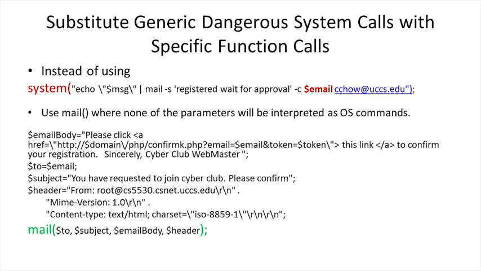One of the key guidelines in good coding practice or patching is to substitute generic dangerous system function code with very specific function code. Instead of using the generic function code to perform functions such as sending email or creating a directory, we should use specific function code like the mail function code provided by the programming language.